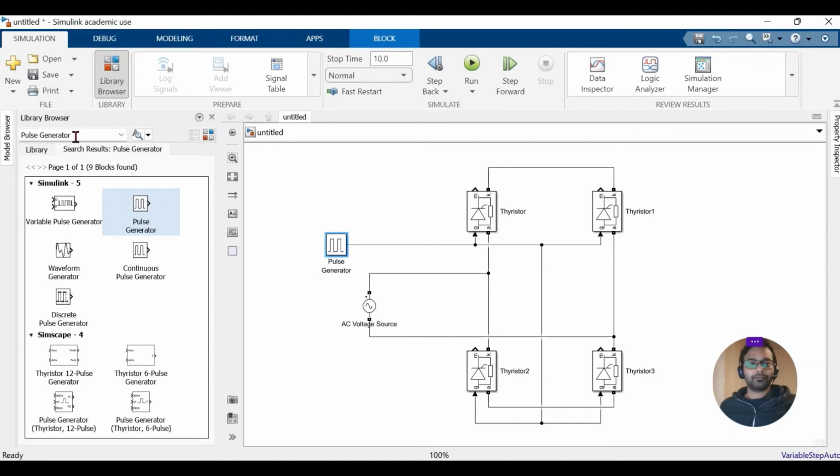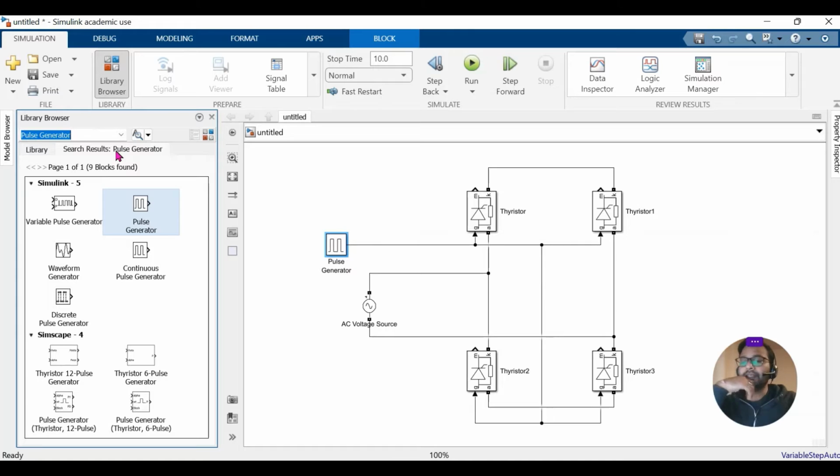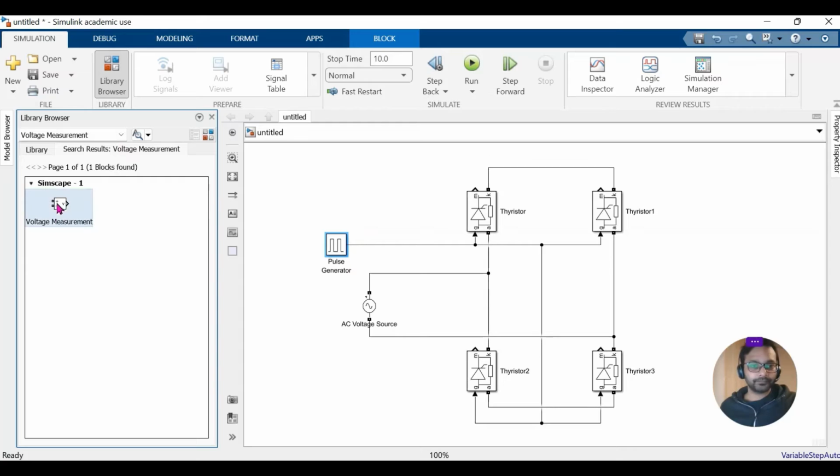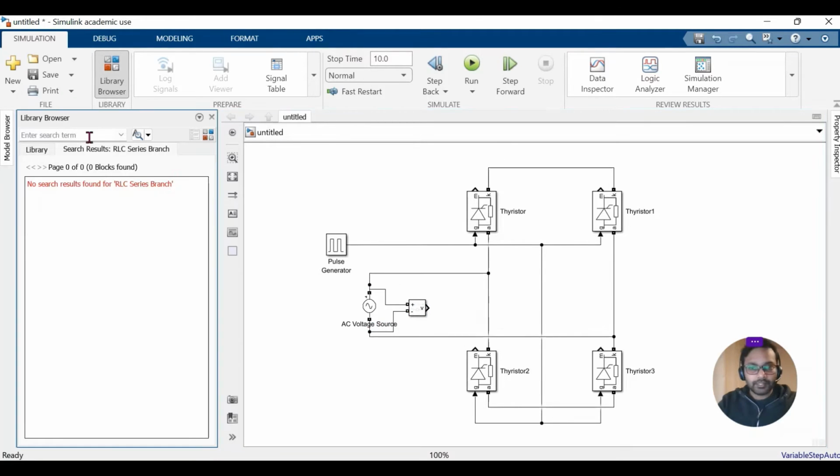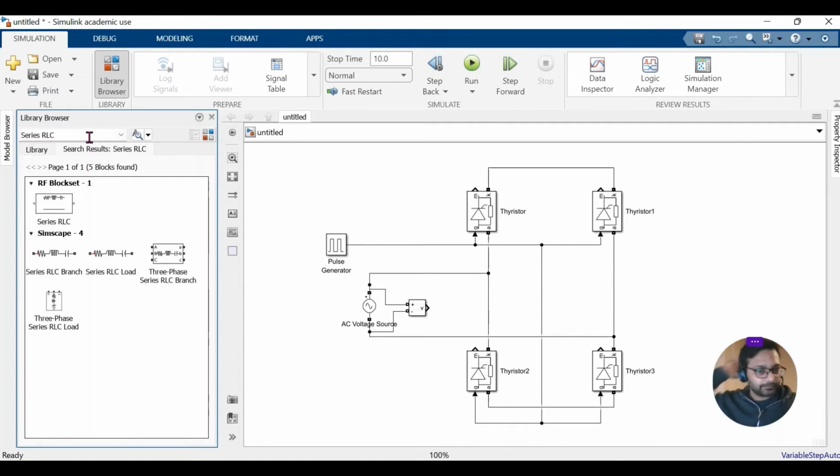Now again I'll have to measure the voltage and the currents. So let us connect a voltage measurement block. The first thing I need to measure is the voltage across the load. The next thing I need to connect is a resistive load. So let's search for series RLC.